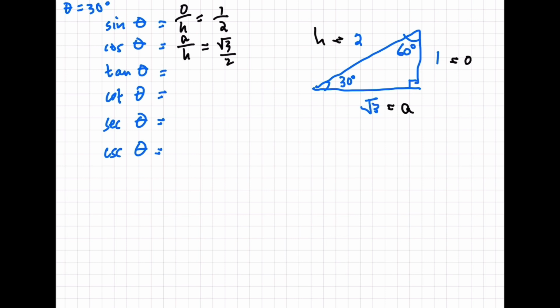Tangent, shortcut is sine over cosine, or opposite over adjacent. So opposite is 1, adjacent is square root of 3. Now, you have to simplify this because in some universities or schools, it's not allowed to have a radical as the denominator. So you will have to put it on top. But we're not going to reciprocate, okay?